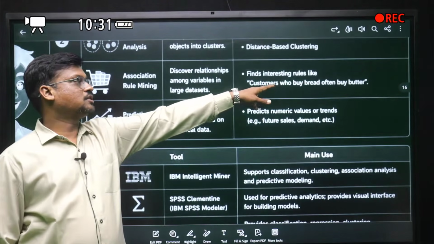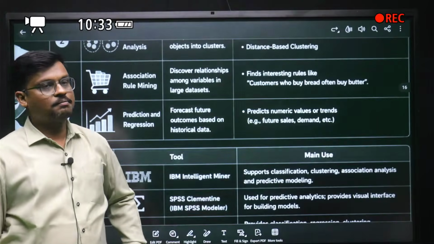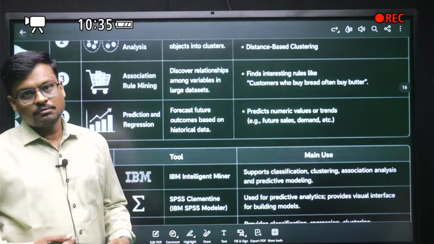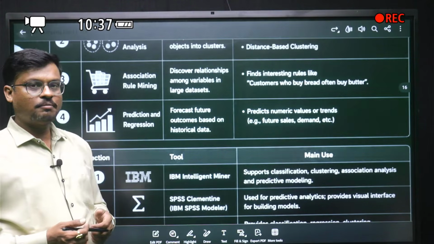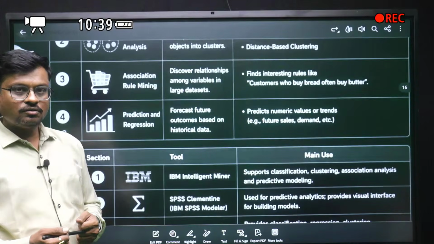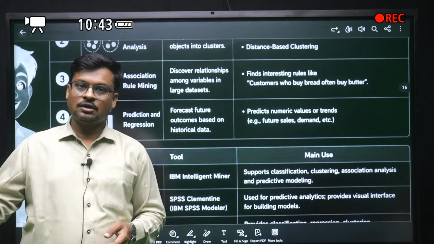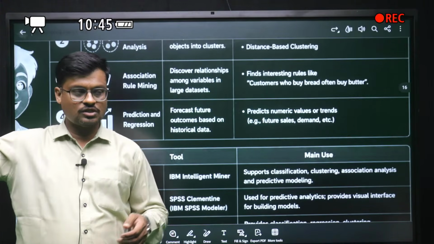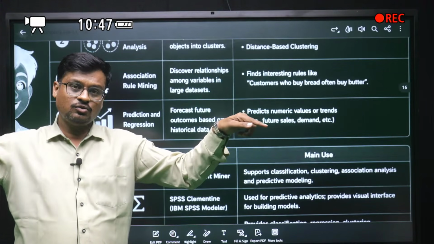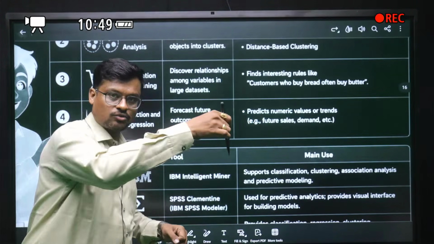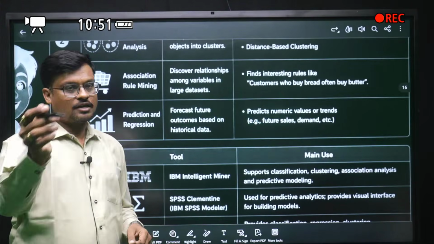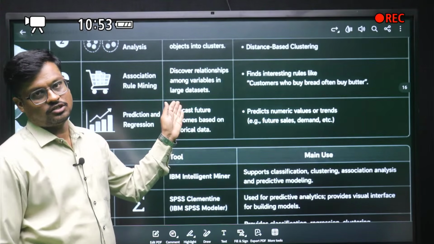Find interesting rules like customers who buy bread often buy butter. So what we can do is place them in opposite directions. When the user purchases the bread and wants to purchase the butter, the user needs to travel the entire supermarket. That can be achieved with the help of association rule mining.